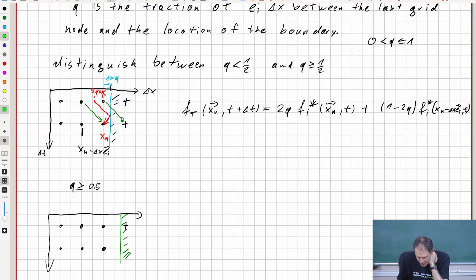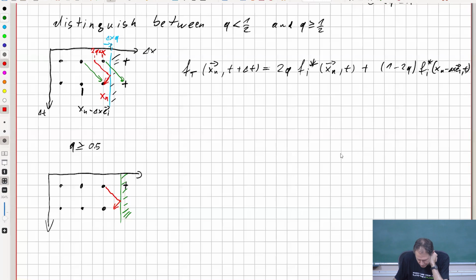And the different way is the following. We start from here, having the bounce back here and ending up there. Then we can calculate that, okay, so this is xn, this is again x, and this is again t.